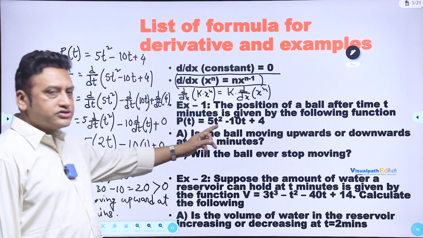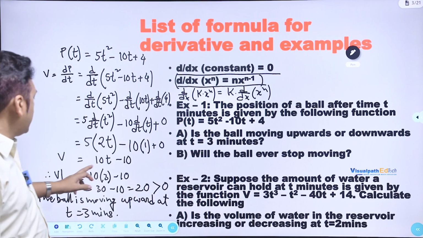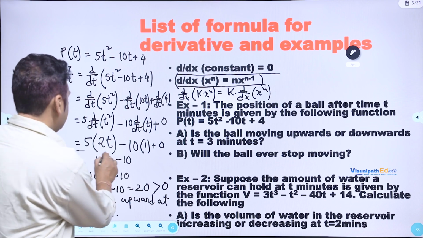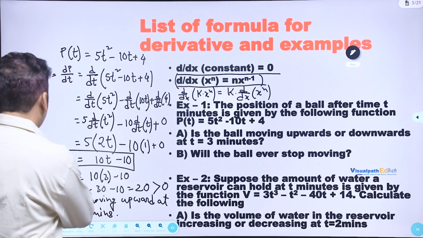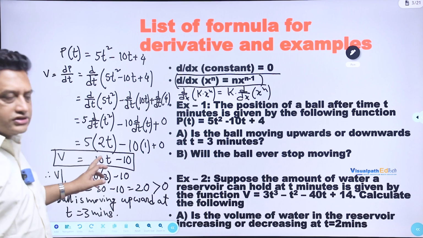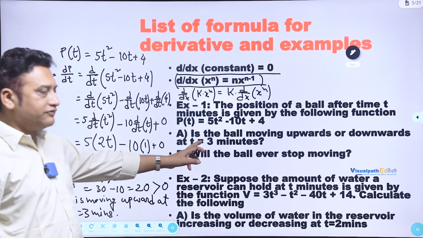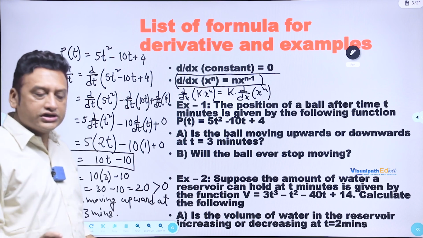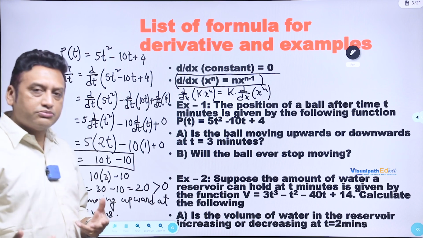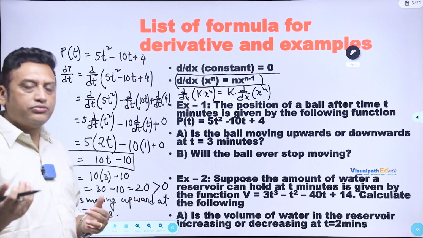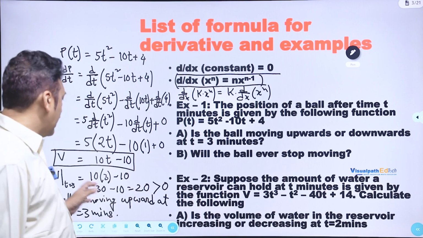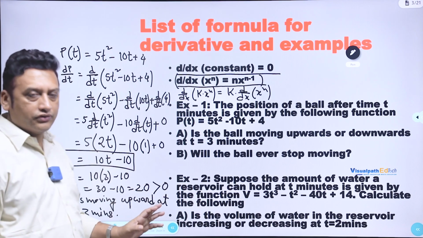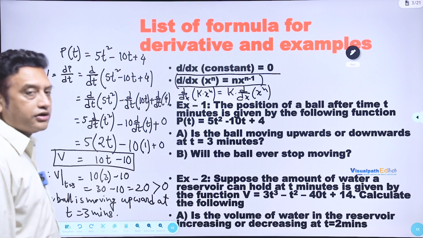First, we found out the velocity, and the velocity is given by 10t minus 10. Okay. Now, in this velocity, we have applied the value t is equal to 3, and on calculation we are getting velocity is equal to 20. Since 20 is a positive number, that indicates that the ball will be moving upward at the time t. Okay. So, that is your first part of the question.